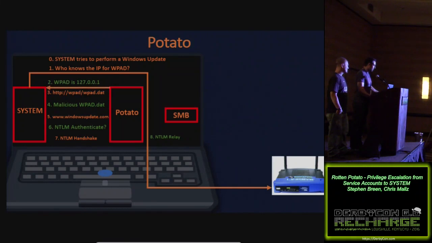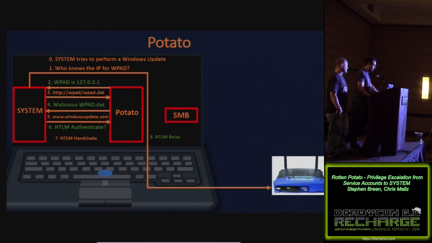Then the system, NT Authority System, would reach out, say, okay, I need the proxy config options at wpad/wpad.dat. And we're like, okay, here you go. This wpad.dat that we serve up says proxy all your traffic through localhost. So then Windows tries to reach out to us because it's trying to proxy its traffic through us and get Windows updates.